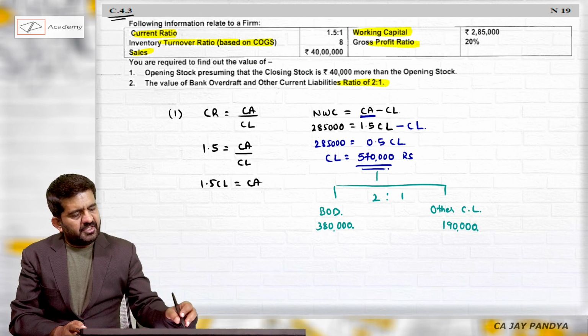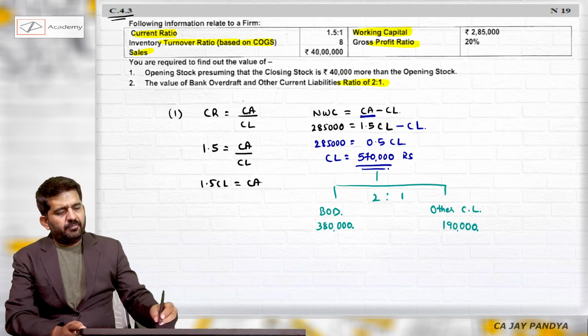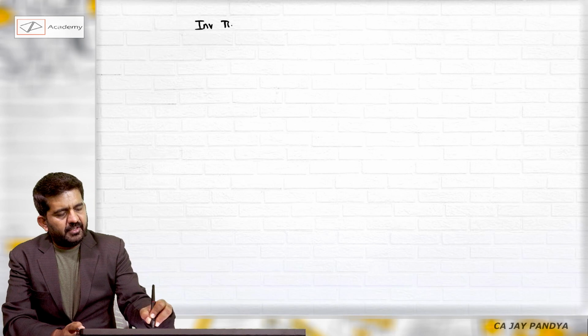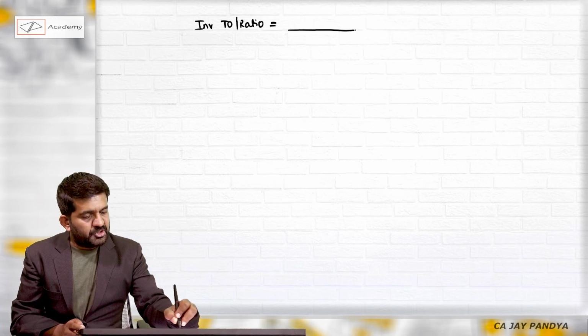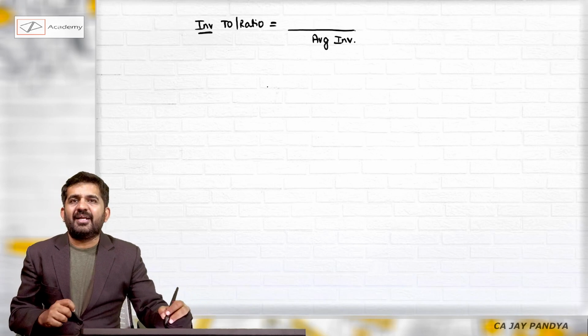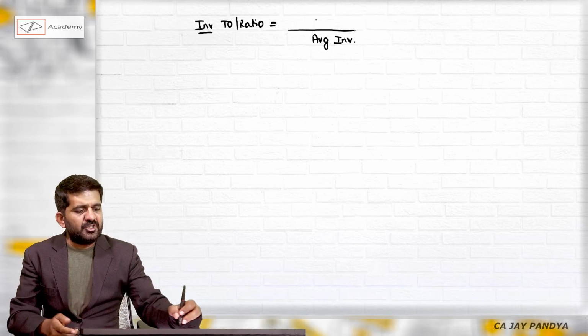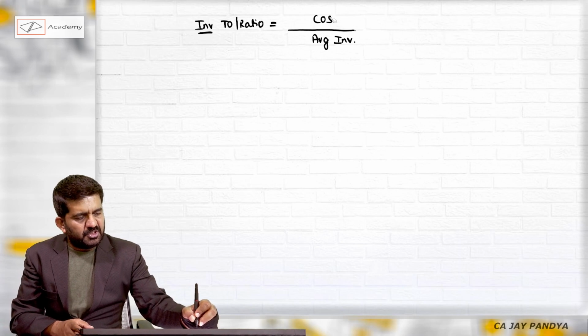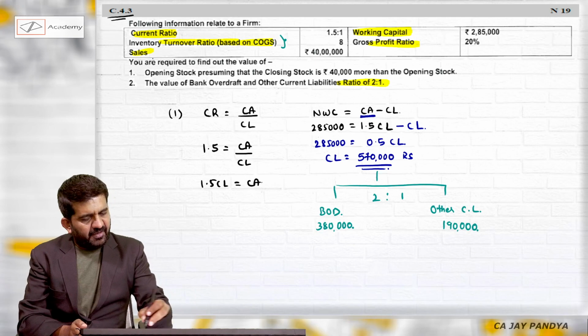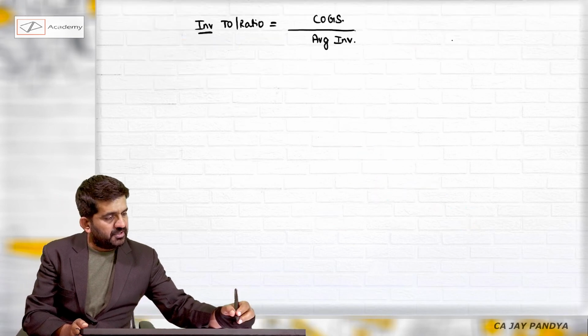Now, opening stock, presuming that the closing stock is 40,000 more. Before that, let us take this ratio, which is inventory turnover ratio based upon COGS. In any turnover ratio, the denominator is average inventory. On the numerator we usually write sales, but here it is specifically told it is based upon COGS. What will be COGS? We can easily find it because sales is given and GP ratio is given.